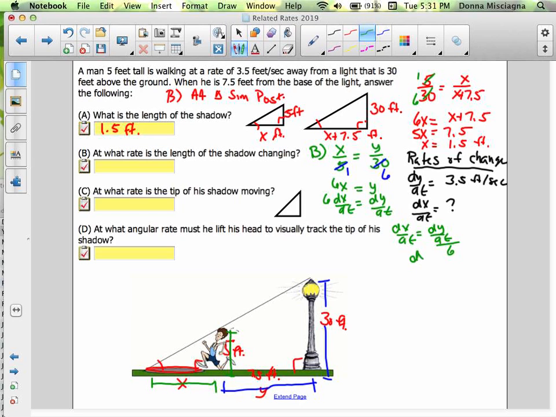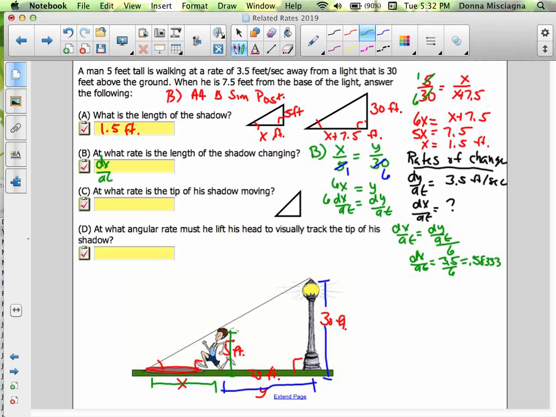So dx dt is 3.5 divided by 6. And that's going to be, they could give us a nice number, huh? 0.58 and a bunch of 3's. So over here, we'll write it with our units, because you always should have your units.